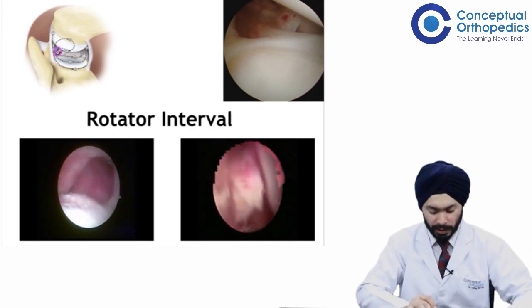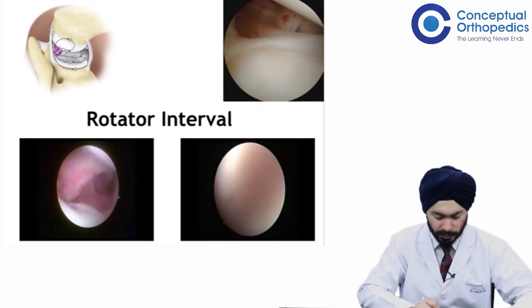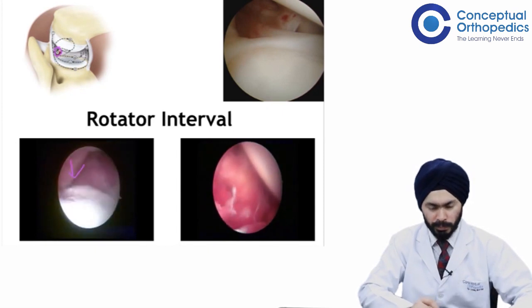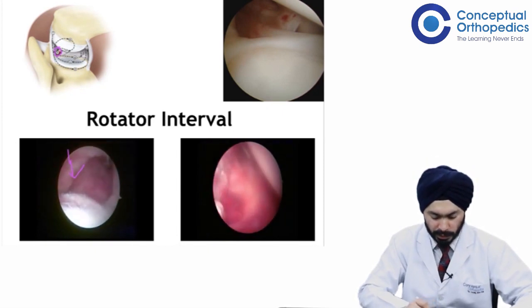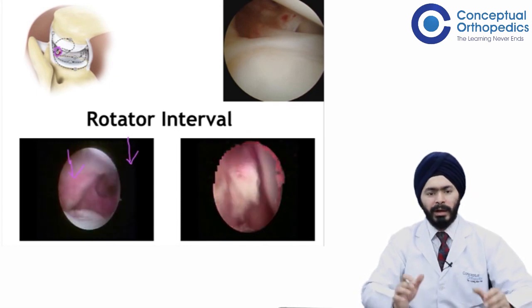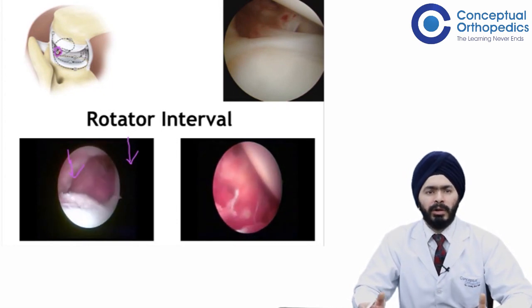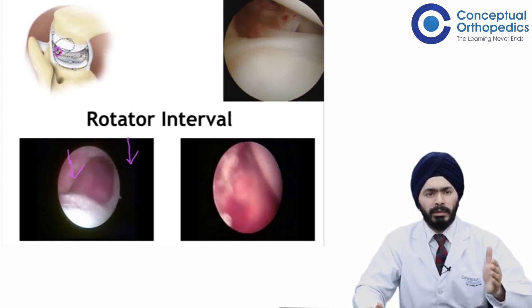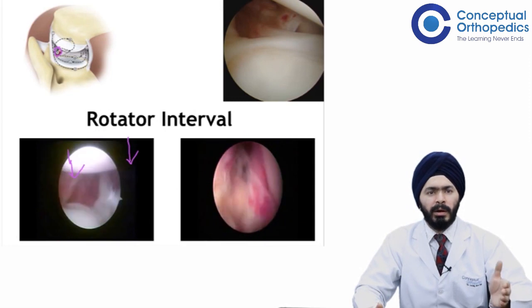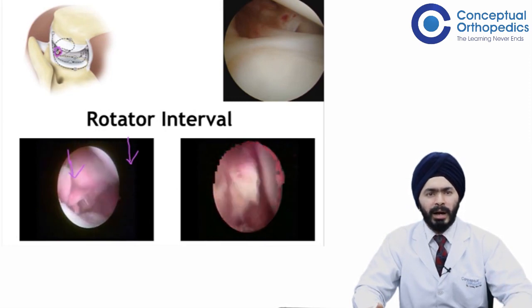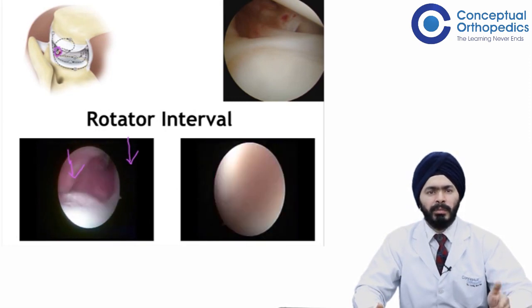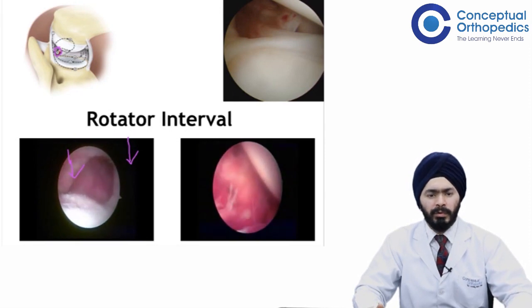So rotator interval is what you can see. It is between, superiorly, your biceps and, inferiorly, your subscapularis. Actually it is the area between the supraspinatus and your subscapularis, but the border of supraspinatus can be seen intra-articularly as your biceps tendon going vertically.